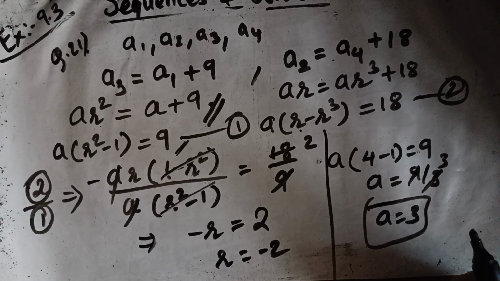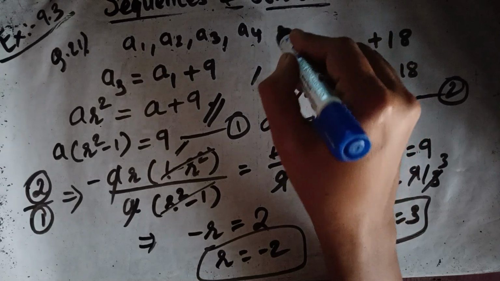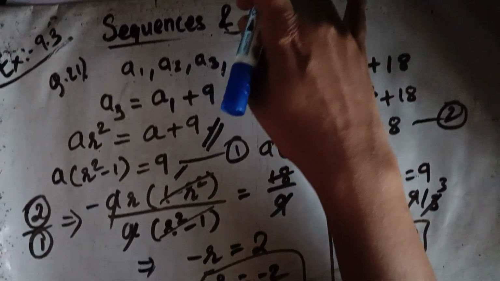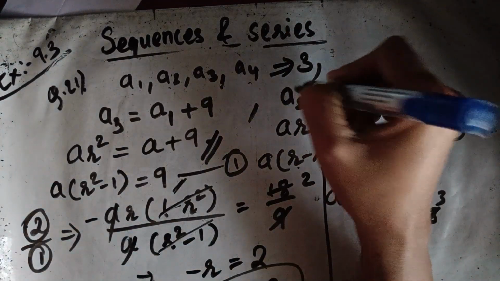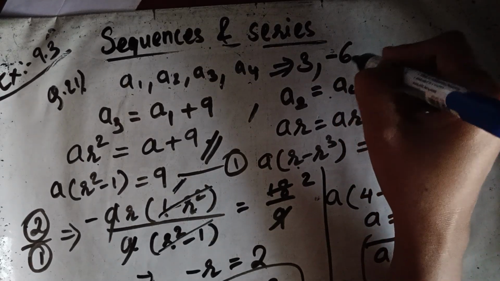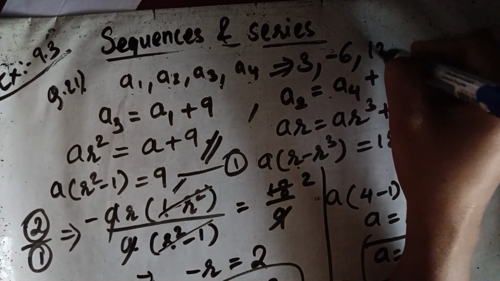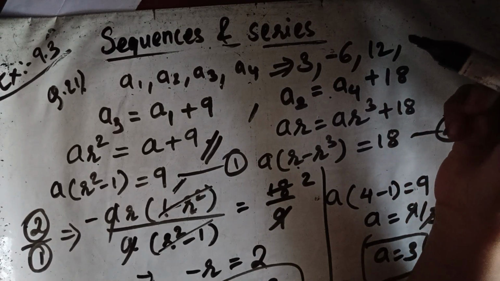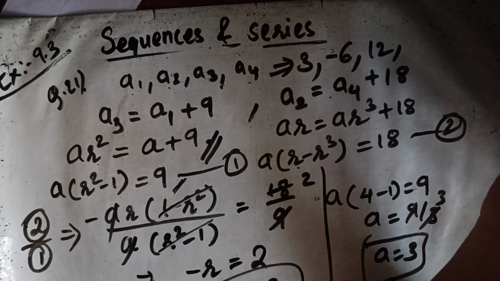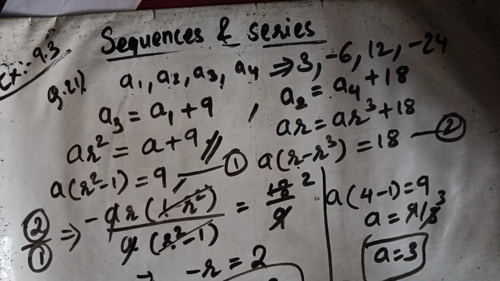Okay, so we have A and R. We have to write the four numbers. So A is 3. Second is A into R, minus 6. Then A into R square, 3 4s are 12. Minus 8 into 3, minus 24. Okay.